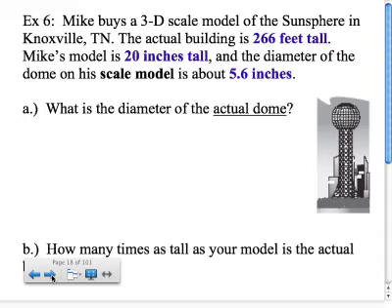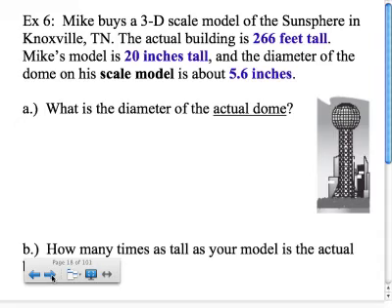Example 6 here, which is actually example 5 on your notes, says Mike buys a 3D scale model of the Sun Sphere in Knoxville, Tennessee. The actual building is 266 feet tall. Mike's model is 20 inches tall, and the diameter of the dome on his scale model is about 5.6 inches. What is the diameter of the actual dome?